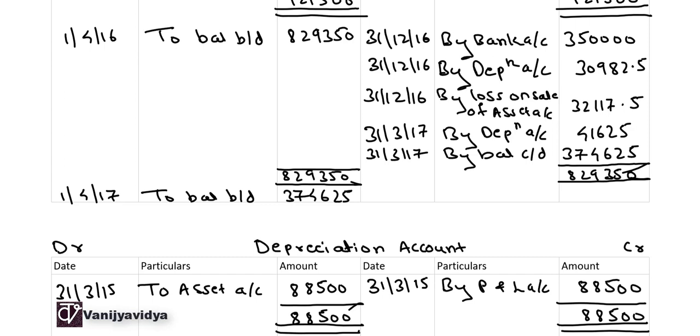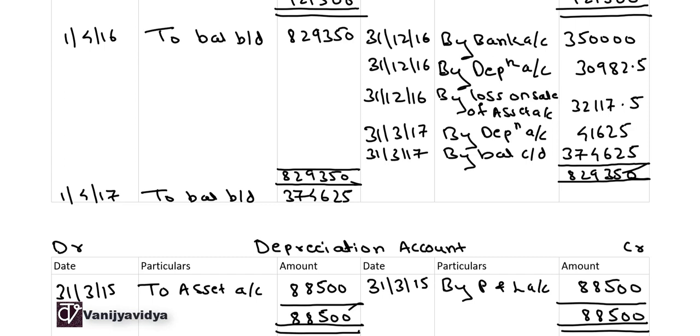Now see, this 3,74,625 is the balance brought down. Ideally there is only asset 2 as on 1st April 2017 in the books. So this 3,74,625 should be equal to the WDV of your asset 2 as on 31st March 2017 that we have calculated in the working note.